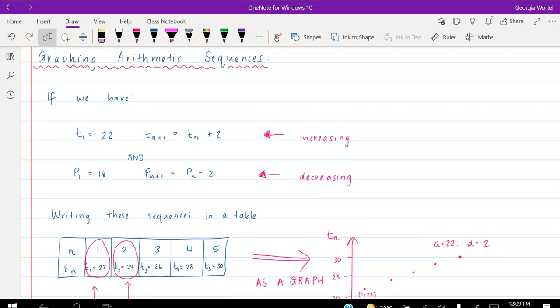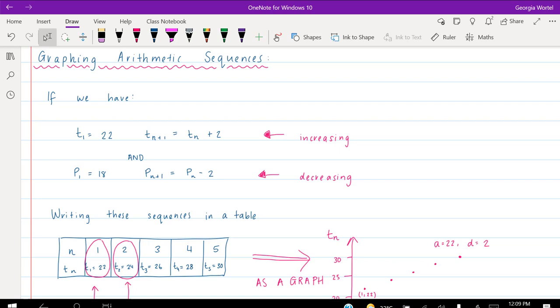One thing to keep in mind when you're graphing an arithmetic sequence, it's going to tell you a lot about whether your sequence is growing or whether it's decaying. And they're the two terminologies that we use with arithmetic sequences. So if your sequence is getting bigger, so you're adding a positive number each time, that's your common difference, you would assume that your graph will be going up. And that's a growth.